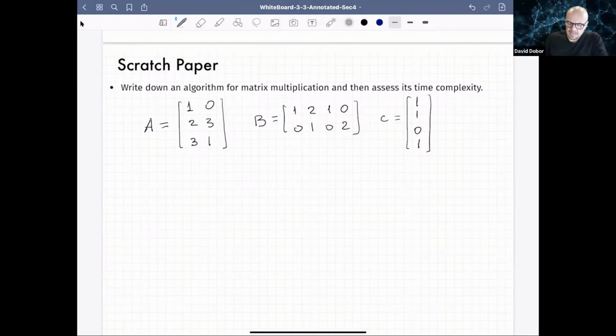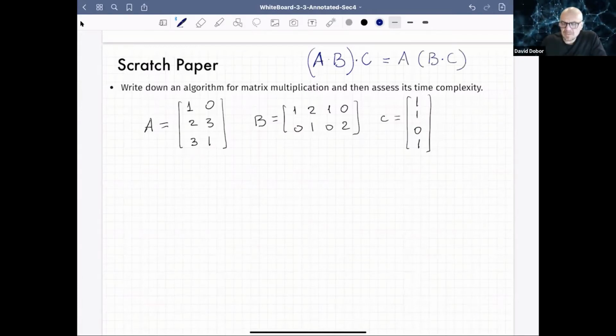By this, I mean, assuming for a second that all these products I'm about to write down are defined, that if I take A times B and multiply the result by C, what I get is the same as if I were to take B times C first and compute that, and then multiply that from the left by A.